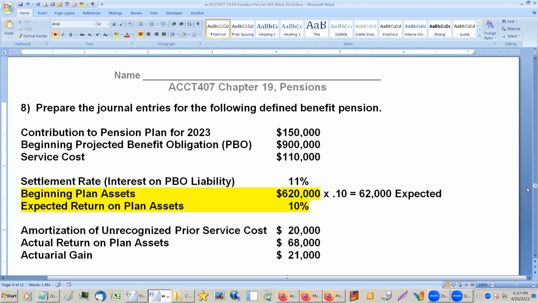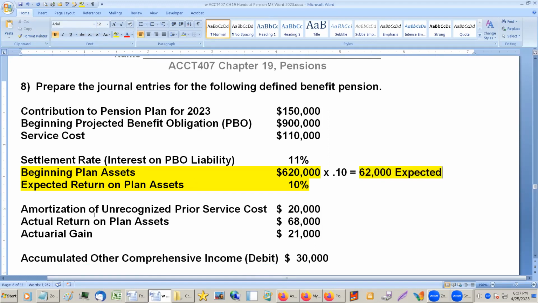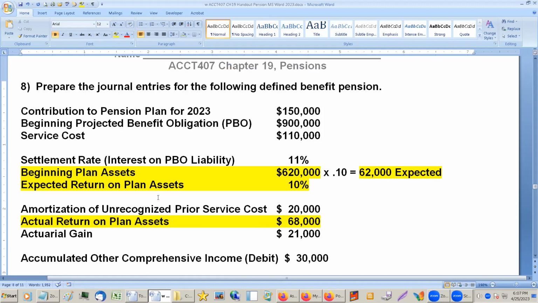Now let's look at that expected. Okay, the actual return was 68,000.